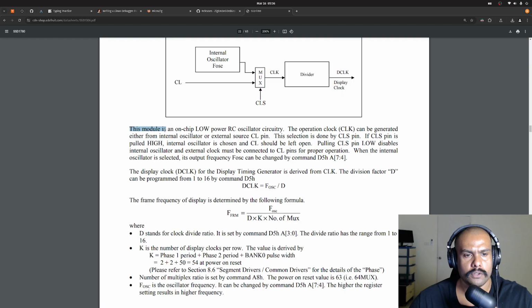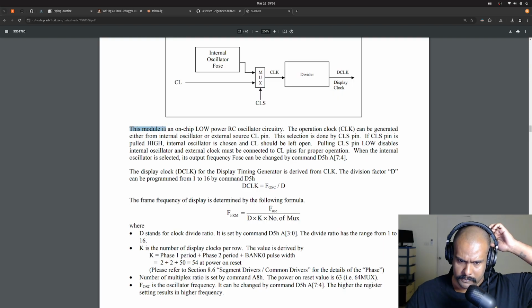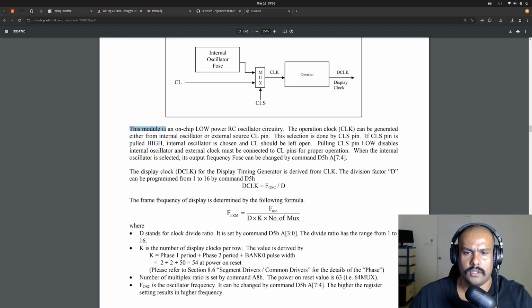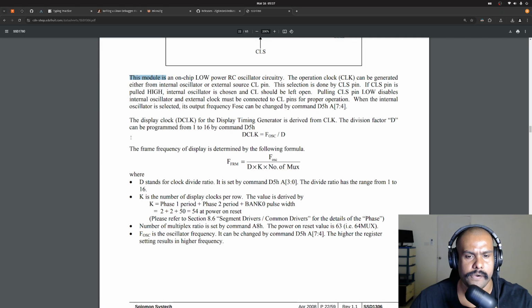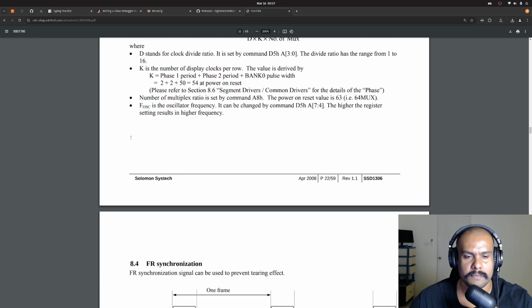This module is an on-chip low-power oscillator circuitry. It's a lot of weird words together. The operation clock can be generated either from internal oscillator or external source CL pin. This selection is done by the CLS pin. Okay. I don't think this bit is that important.